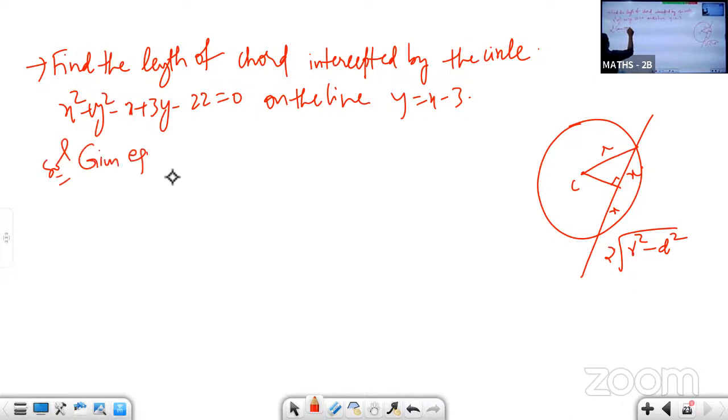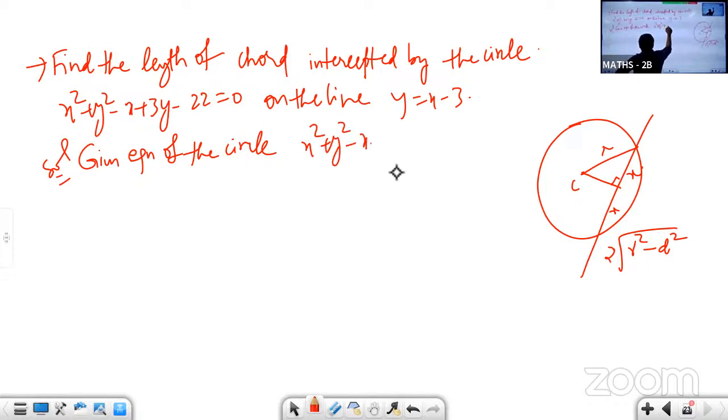Given the equation of the circle, what is that? x square plus y square minus x plus 3y minus 22. I want r, and in order to find d, we want the center also. This is your d, the perpendicular distance from the center onto the line.